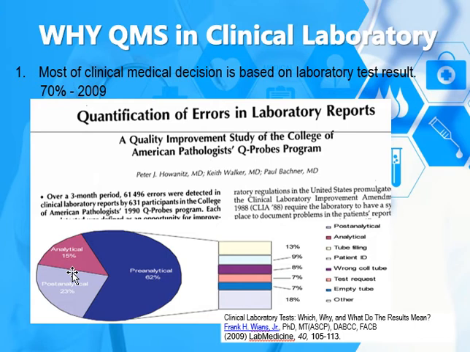This diagram shows the errors that happened in the lab, in a study done in 2009. Remember, EQA may show the errors that had happened for the whole cycle of the test. However, QMS is more advanced in that it could avoid the errors from happening. So that's the benefit of applying QMS.